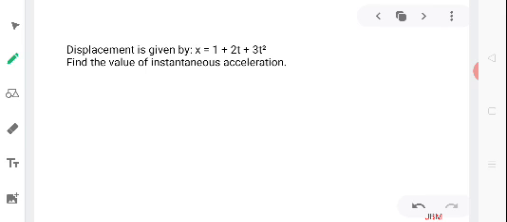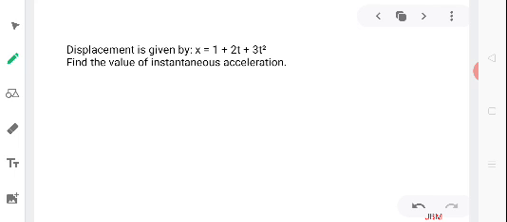Next question. Displacement is given by x equal to 1 plus 2t plus 3t square. Find the value of instantaneous acceleration.